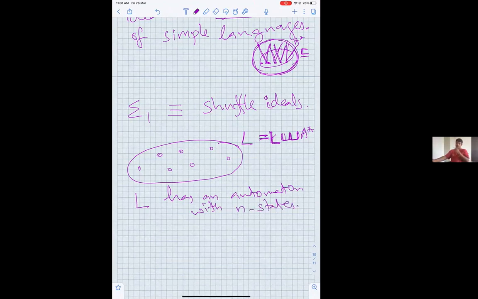Let K be equal to all words U in L such that the length of U is at most n.